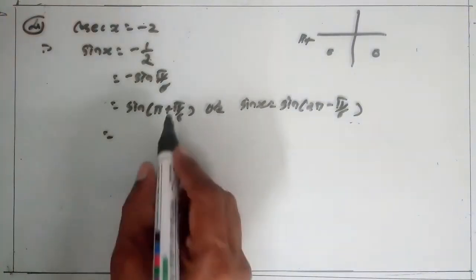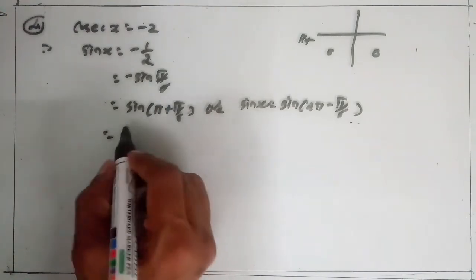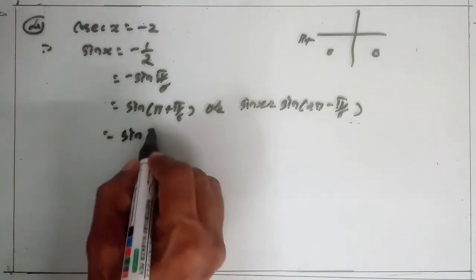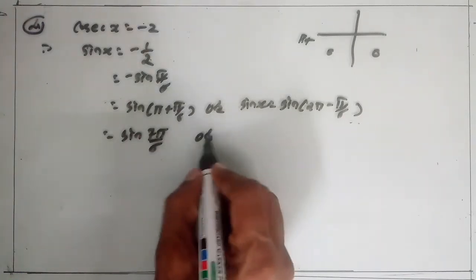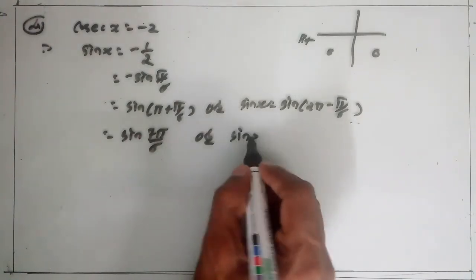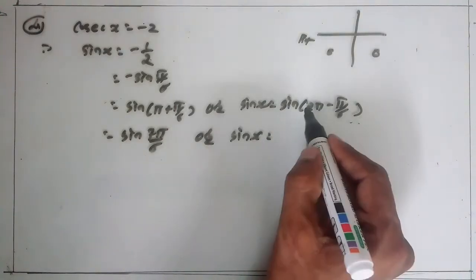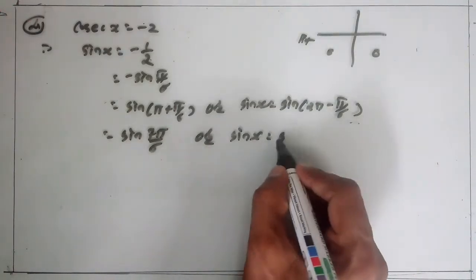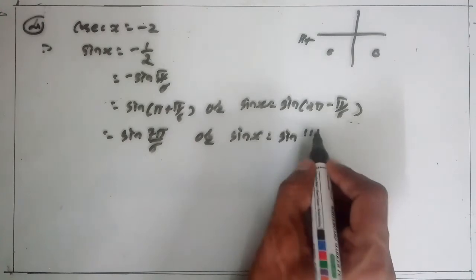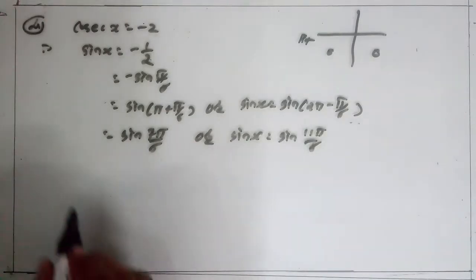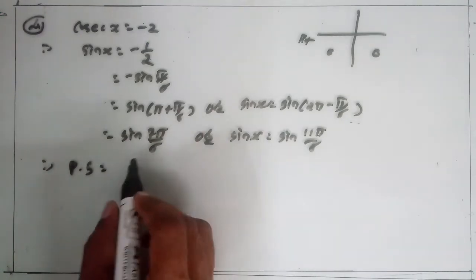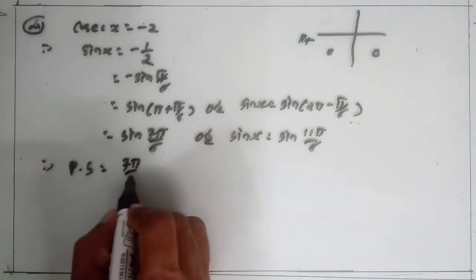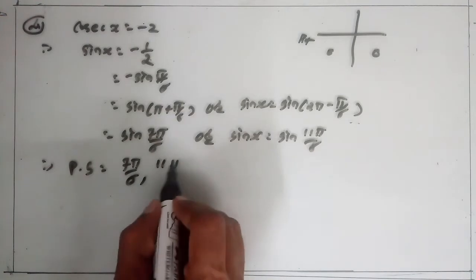So this becomes 6 pi plus pi, 7 pi, so 7 pi upon 6, or sin x is equal to sin, 12 pi minus pi, that is 11 pi, sin 11 pi upon 6. Clear this? Therefore principal solution is 7 pi upon 6, 11 pi upon 6.